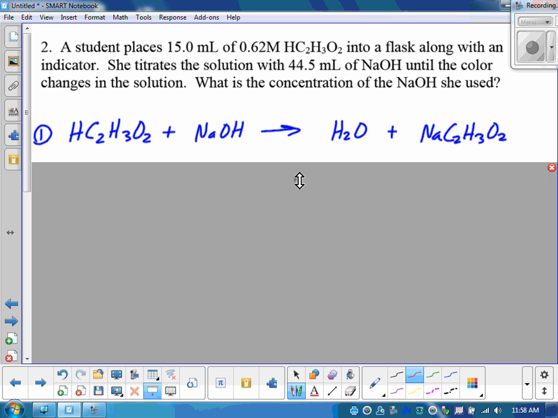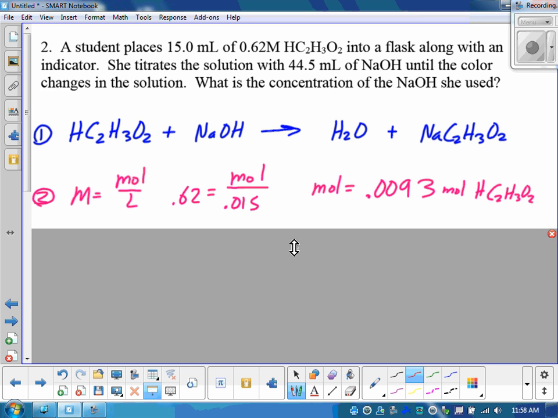All right, balance the equation. That was the same. Just be careful again. When you get to the homework, you're not always going to have a balanced equation. It won't always be a 1-to-1 ratio. You change your molarity of your standard solution to your moles of standard solution. So I need the exact same amount of particles of my base.